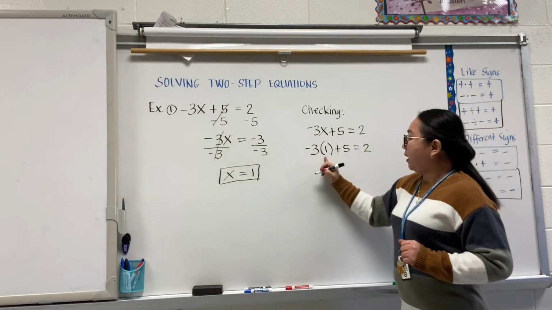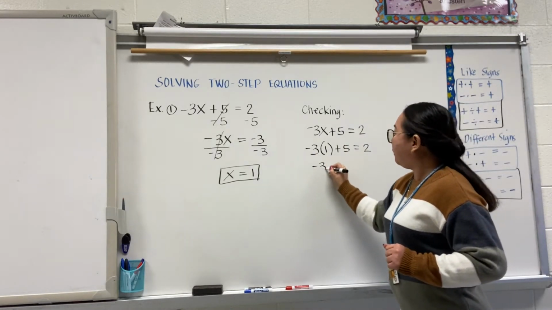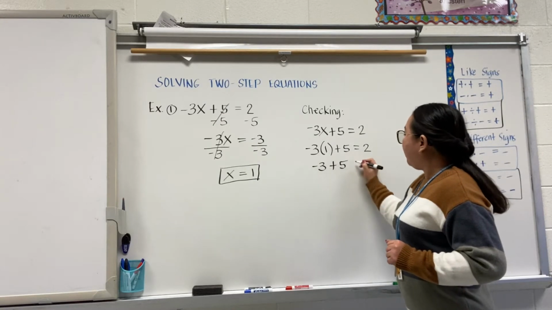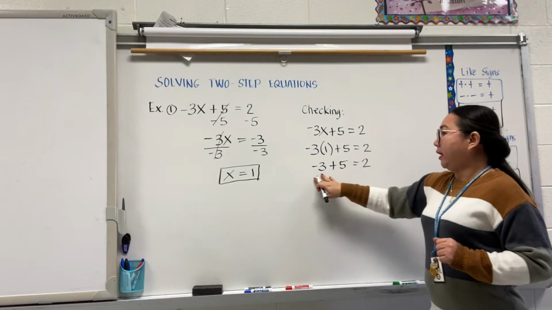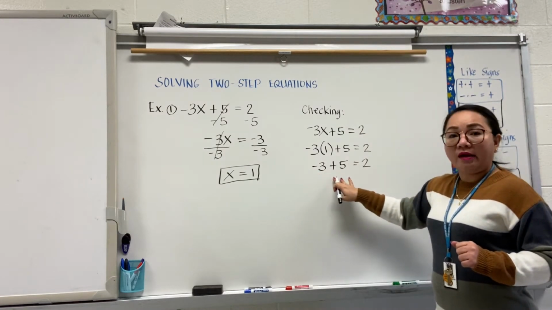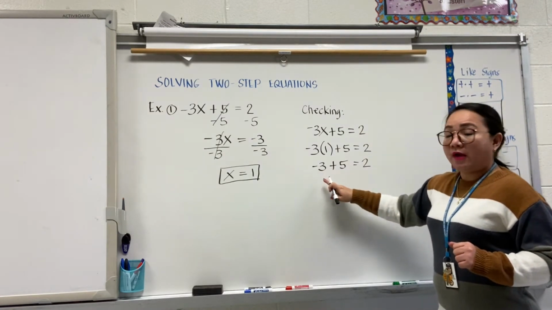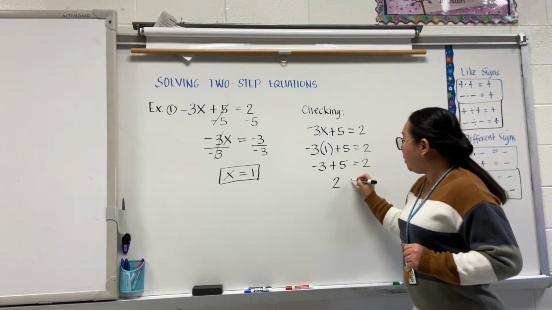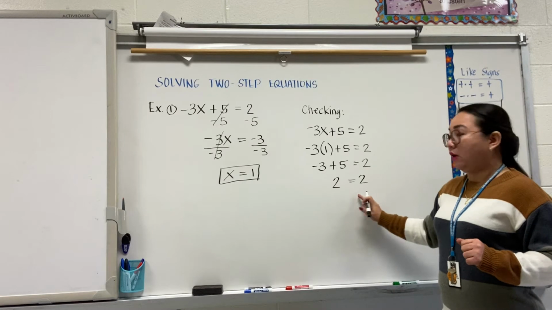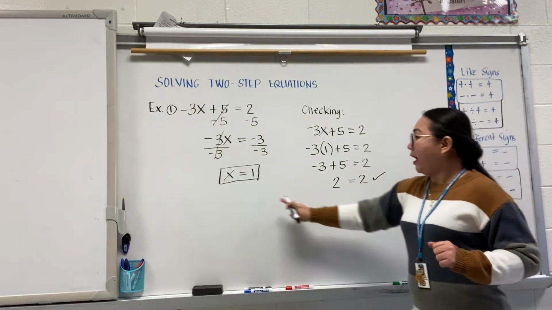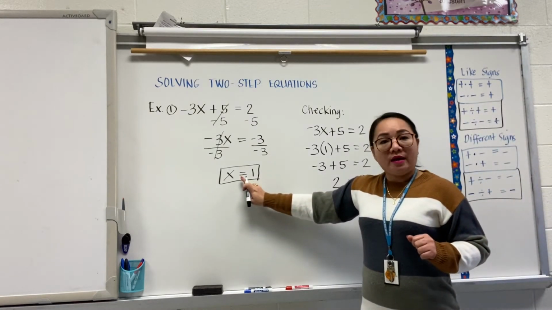So negative 3 times 1 will give you negative 3 plus 5 equals 2. Now here, you are adding negative 3 and 5. So negative 3 plus 5 will give you positive 2, which is equal to your 2. So 2 and 2 here are equal. So that means your answer, x equals 1, is correct.